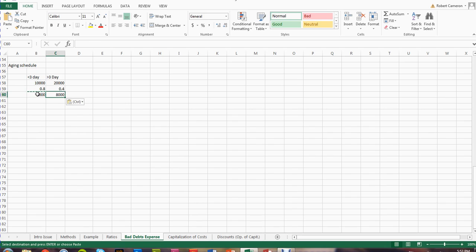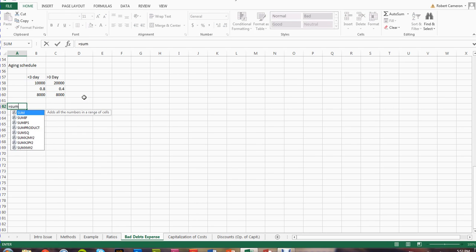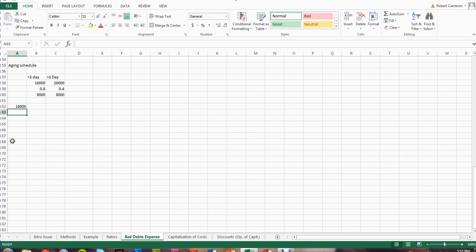Then you just multiply across, then you add them together, and bam, this is the total amount that should be in the allowance. So we do this aging schedule, just do the simple math, add up the bottom row, and this is the total amount that should be in the allowance.